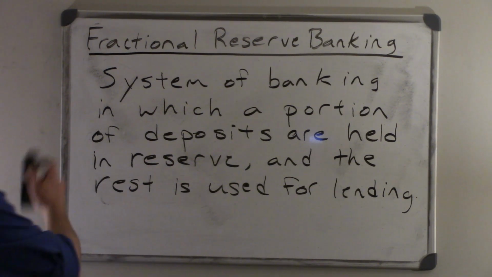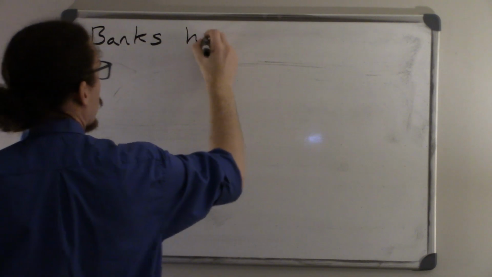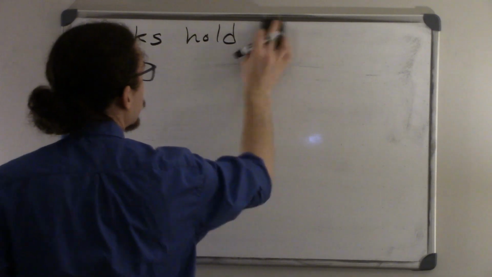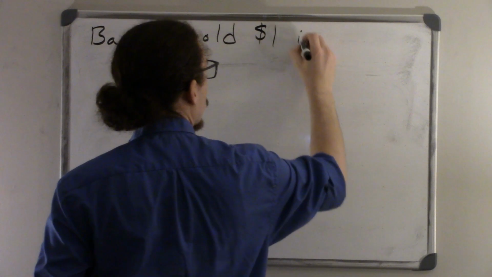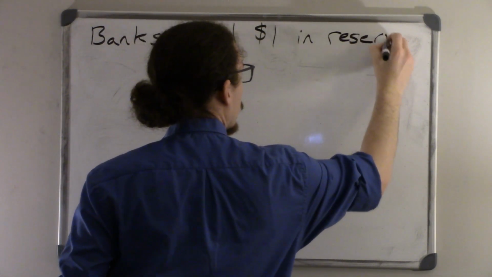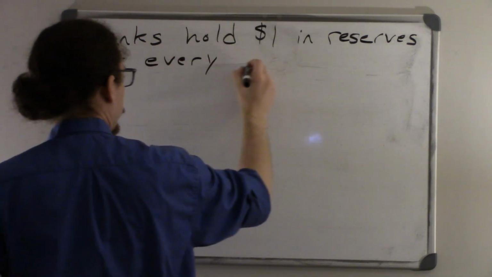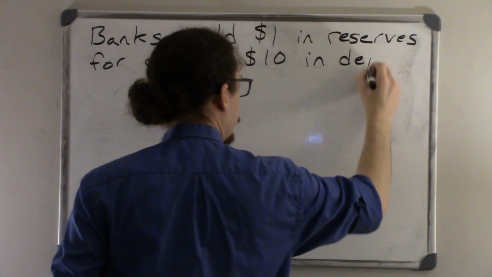So to illustrate, let's say banks hold $1 in reserves for every $10 in deposits.